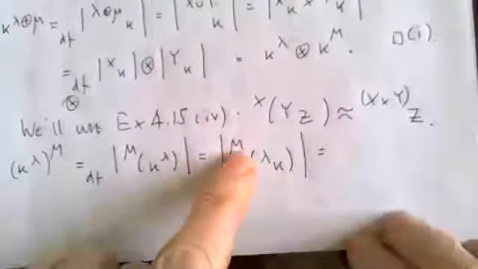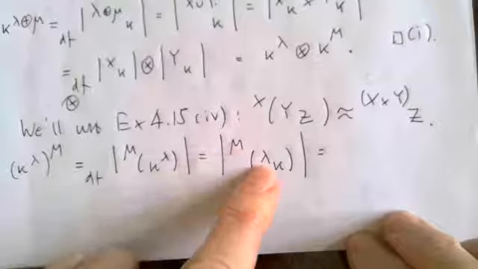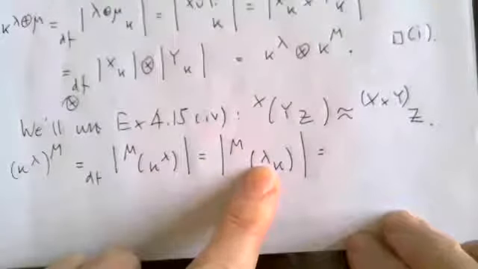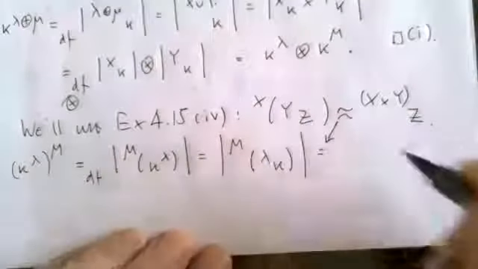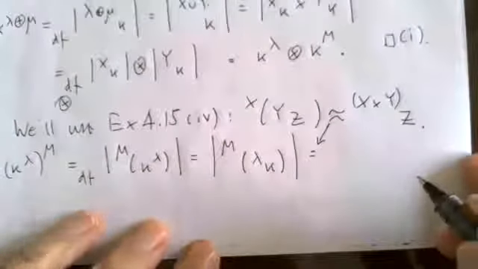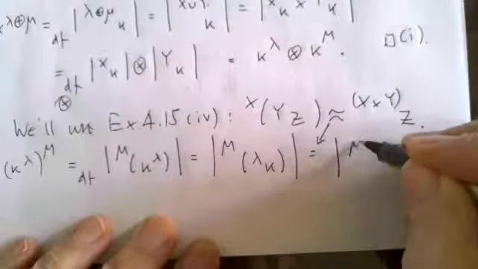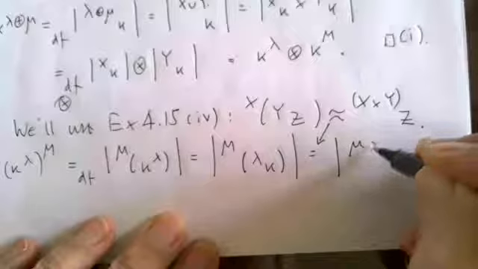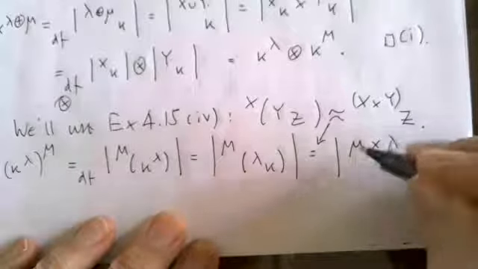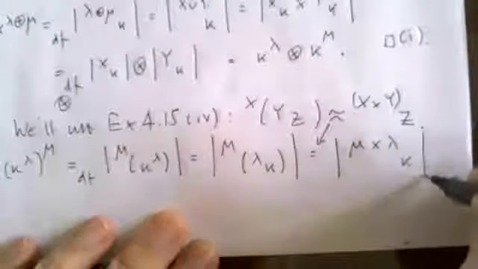Okay, so now I've got functions from mu into this set of functions, and I'll apply the exercise here. So I'm going to say that this is the same as this Cartesian product into kappa.